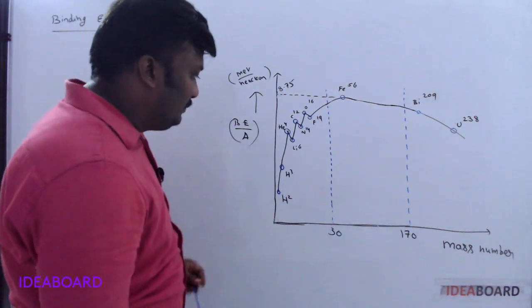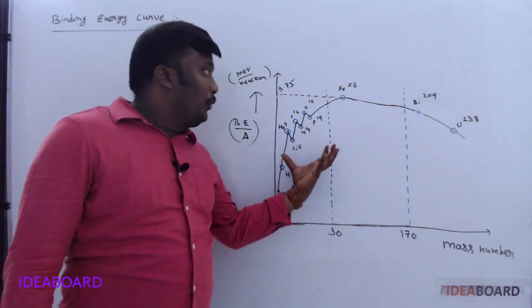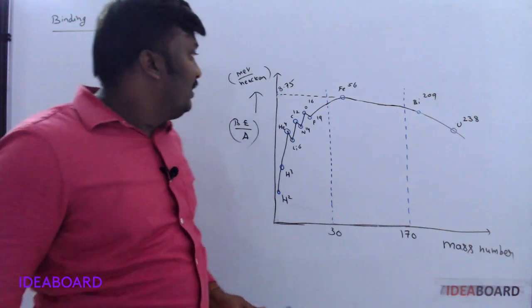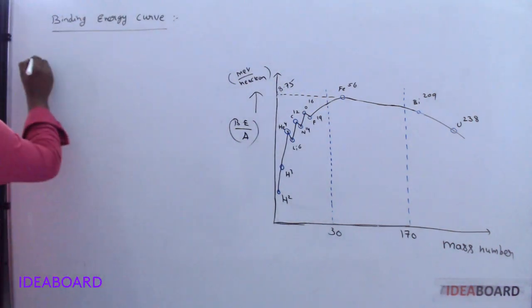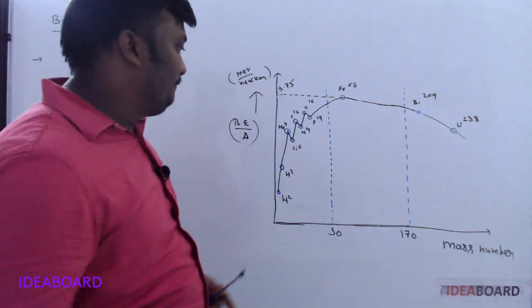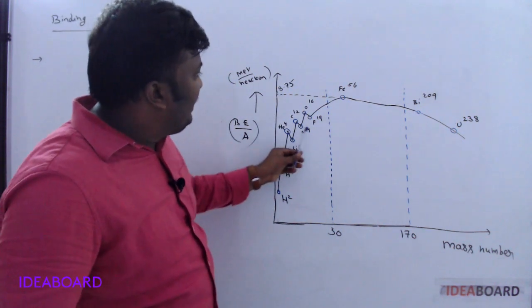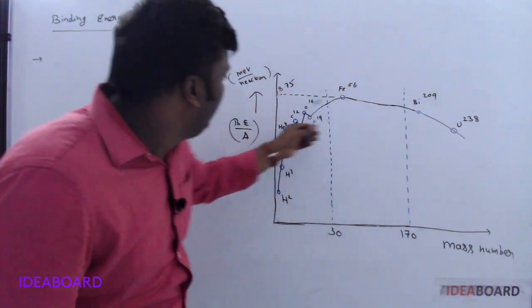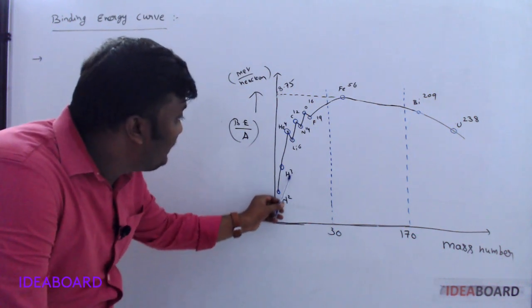Try to solve properly. From this binding energy curve, we have certain points. The first thing, let us see properly. In the entire diagram, I wrote only mass numbers here.